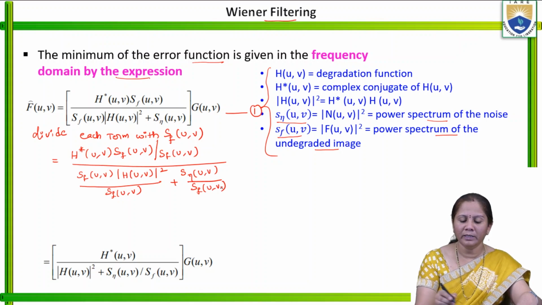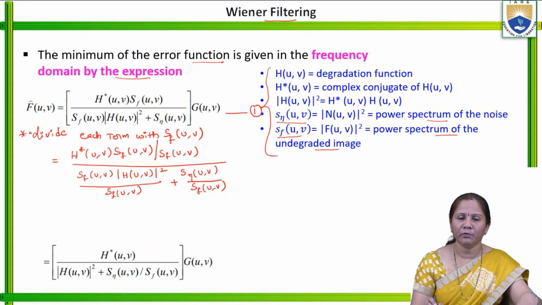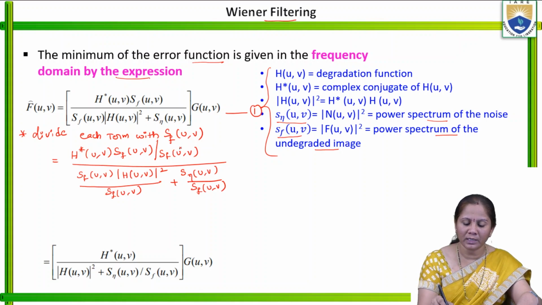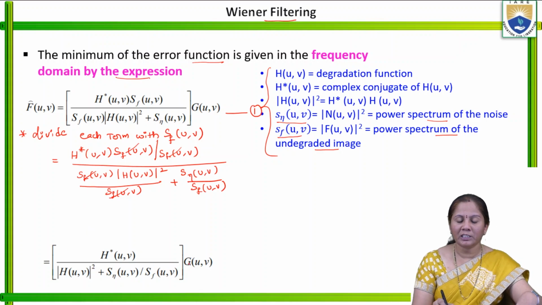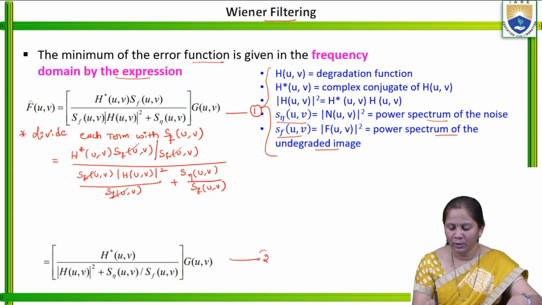So we have divided each term with Sf of u comma v. After dividing this, what is the simplified expression we are going to get? Consider this as equation number 2.